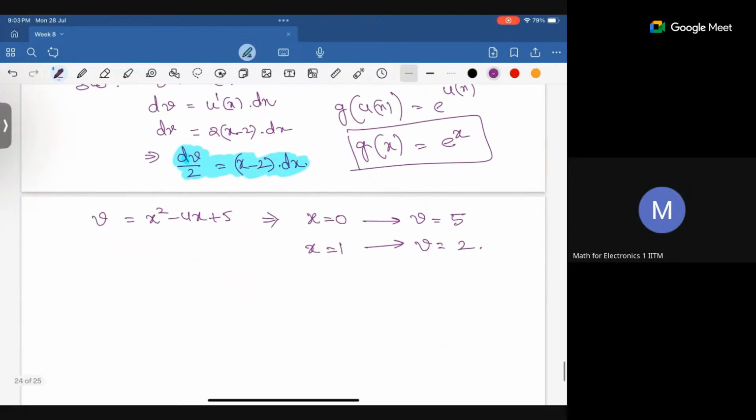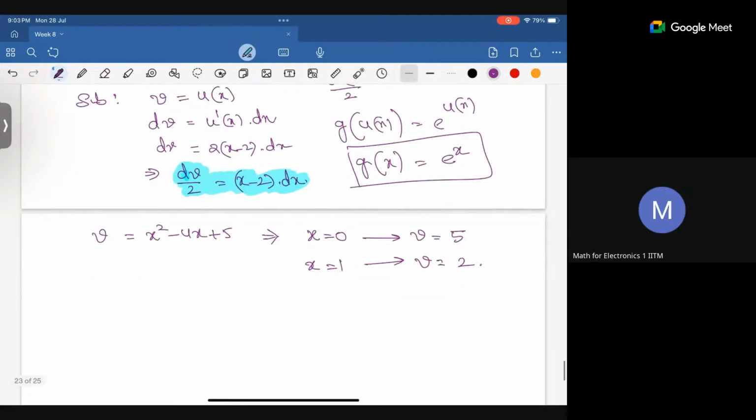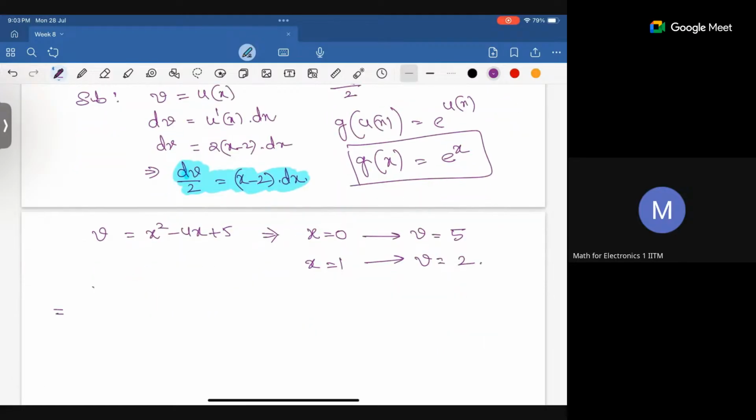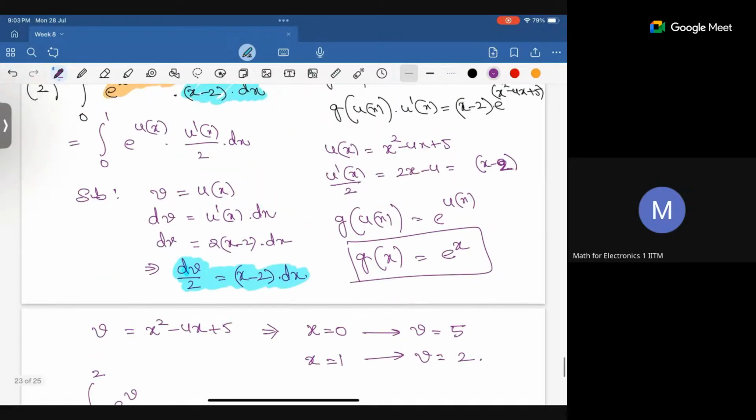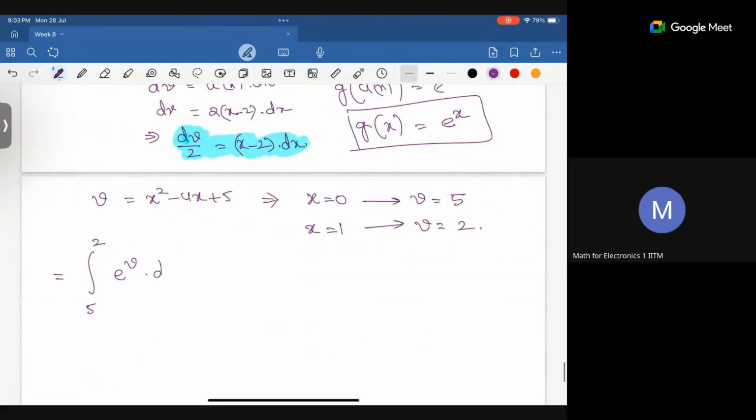And if I substitute the limits, I'll have 5 to 2, right? And we have e power v dv. And look at the integral carefully. So what do I mean by integrating e power v dv, where the lower limit is 5 and the upper limit is 2? Does that make any sense?